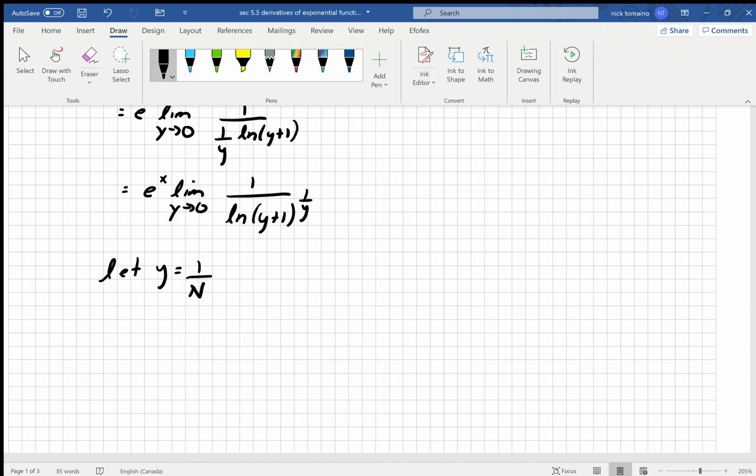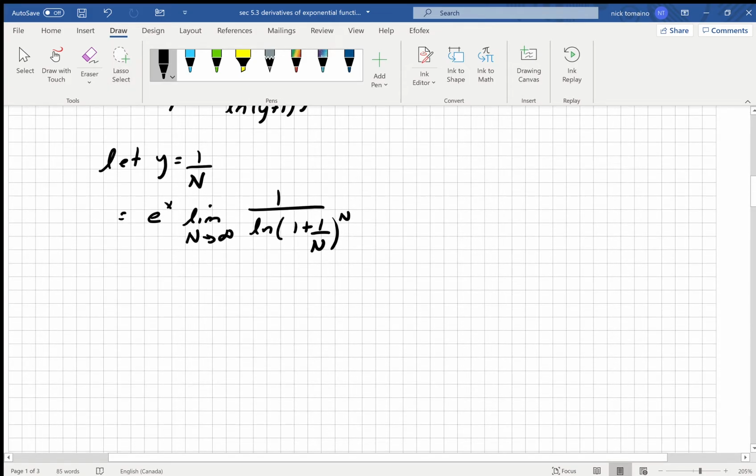So we're going to rewrite this now, and we're going to say that the derivative is now equal to e to the x times the limit as n goes to infinity of 1 over the ln of, I'm going to just switch the order here. Okay, and we're almost there.